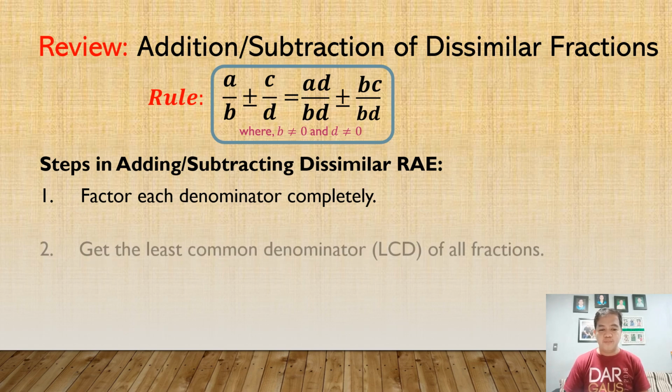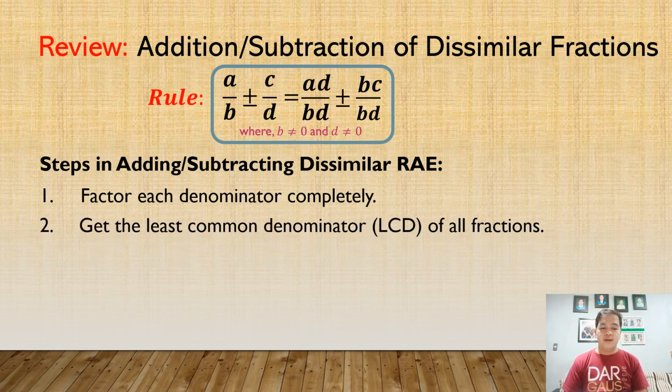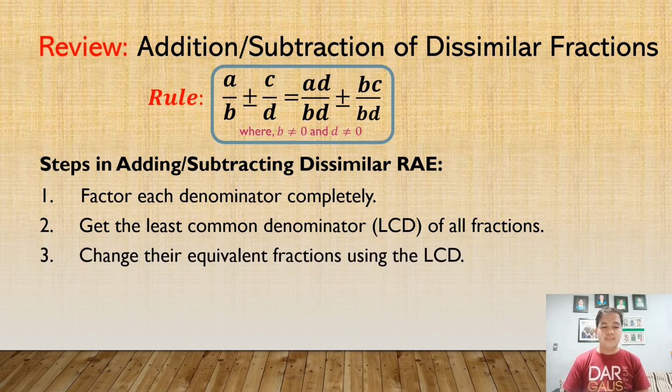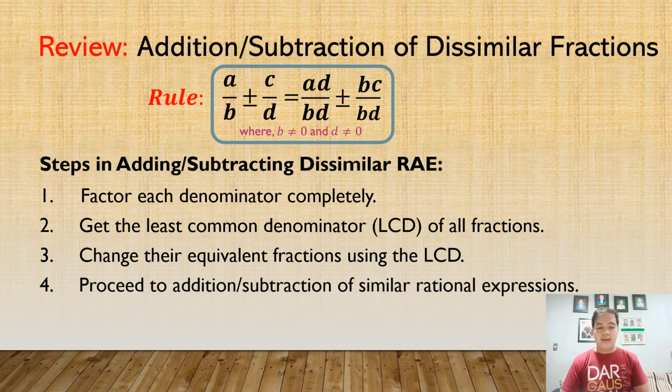Ipa-factor natin completely yung denominator. Afterwards, get the LCD of all the fractions or the least common denominator of all the fractions. Then afterwards, change them to equivalent fractions using the LCD. So, yun nga yung gagamitan ng divide and then multiply. And then number 4, proceed to addition or subtraction of similar rational expressions. So, magiging similar na sila kasi nakuha na natin yung equivalent fractions. So, kagaya na lang siya nung kanina. Okay?